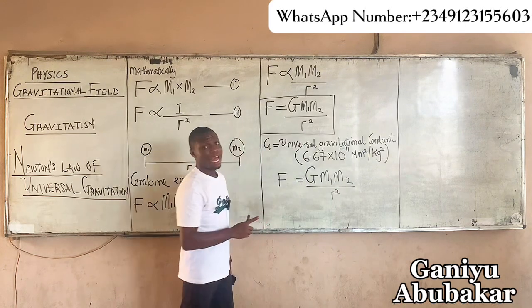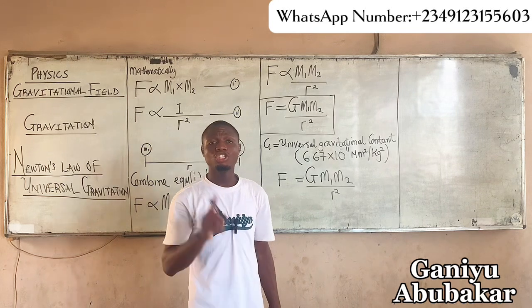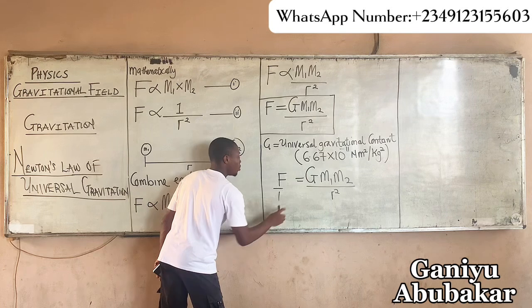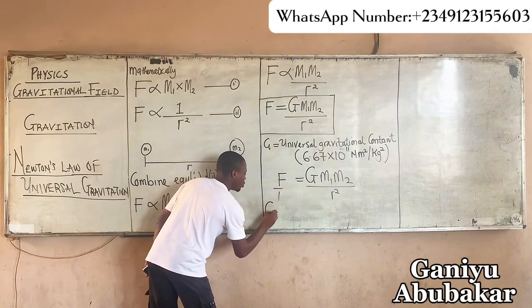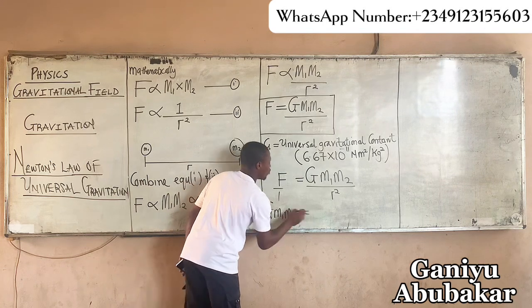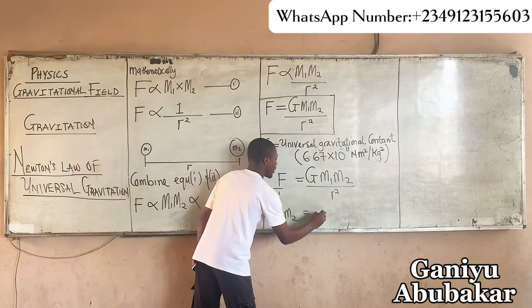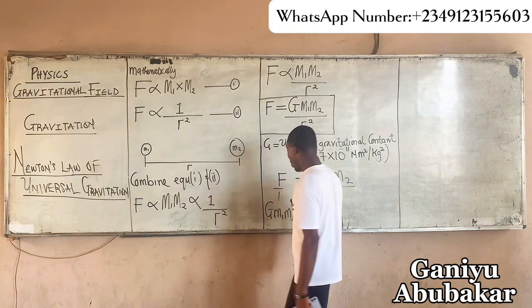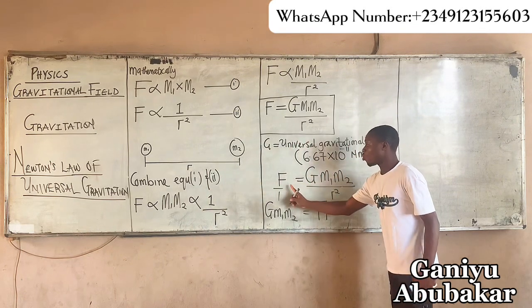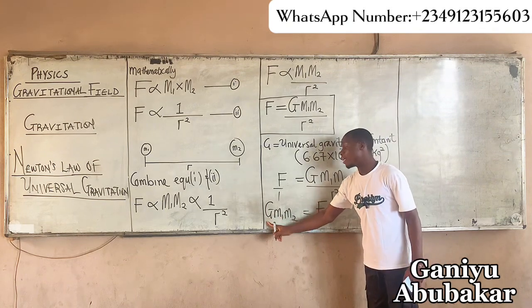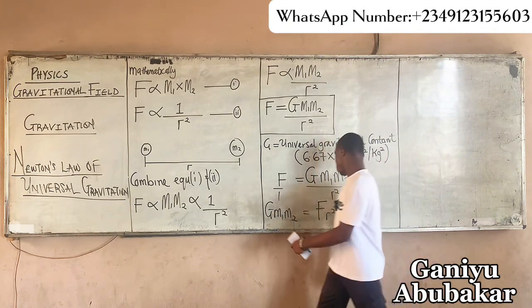In this case here, I'll try to make capital G the subject of the formula. So of course over 1, this times 1 is G M1 M2 equal to F times R squared. That becomes F R squared. So it becomes your cross multiply concept. So I want to make G stand alone. Divide both sides by what? M1 M2.